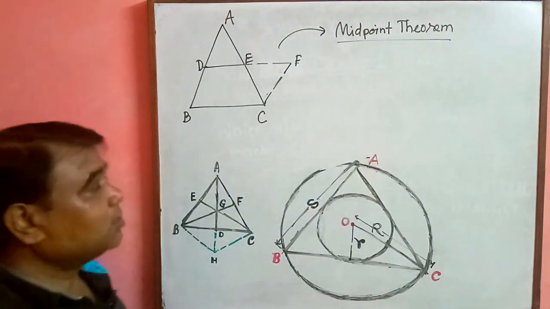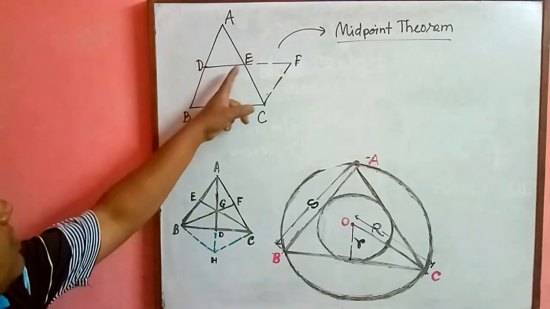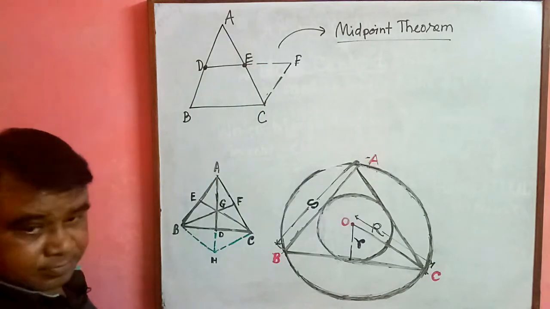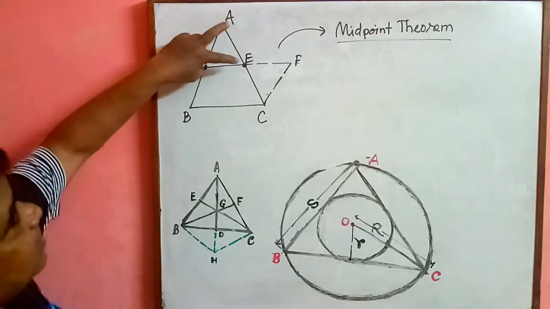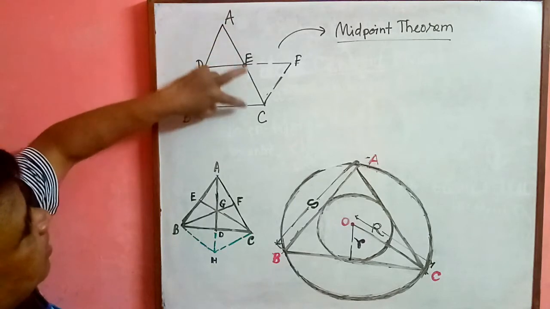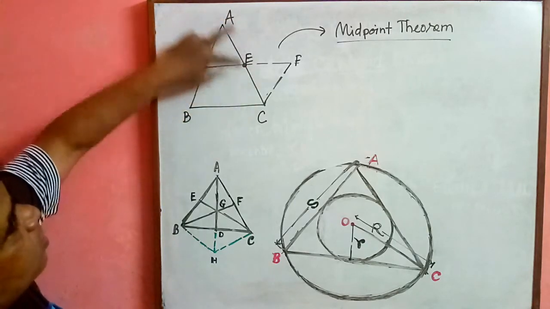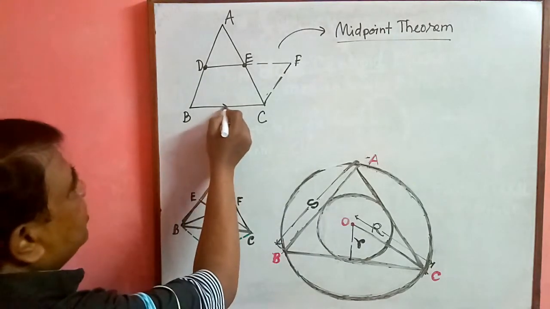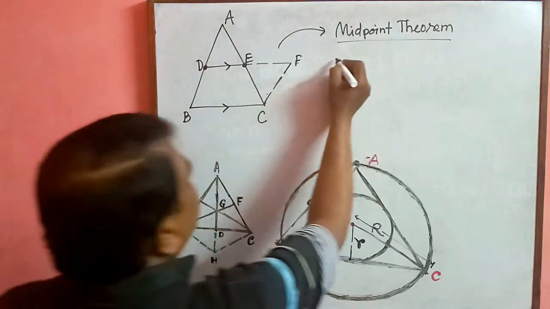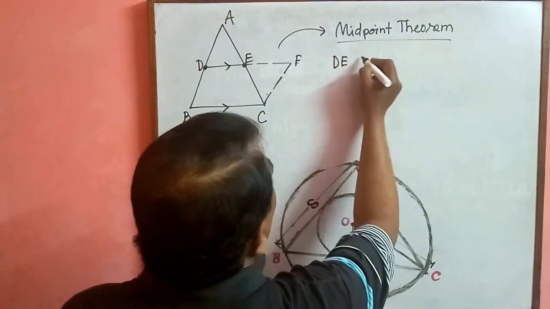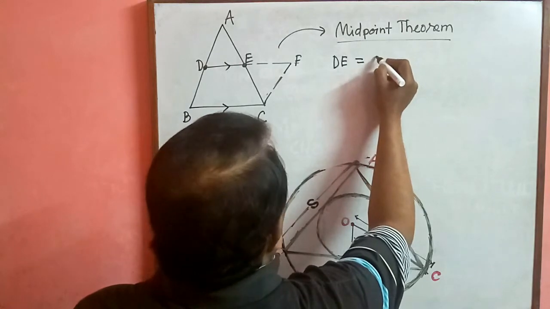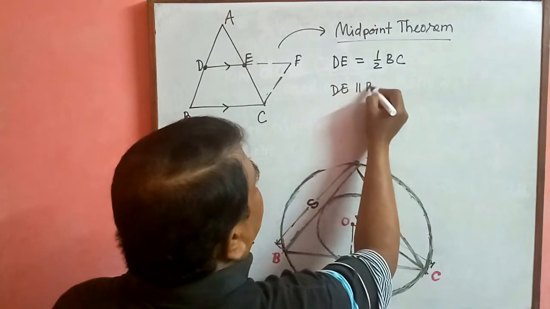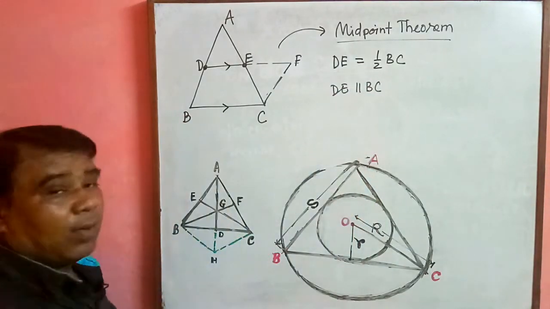A line segment joining the midpoints of two sides of a triangle is parallel to the third side and half of it by length. Here we have to know DE is half of BC by length and DE is parallel to BC. That's what we know about the midpoint theorem.